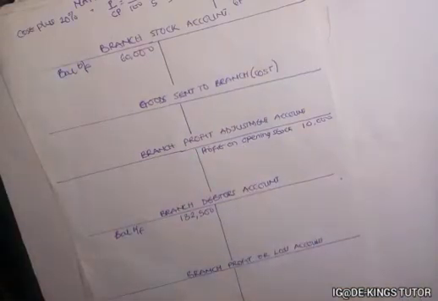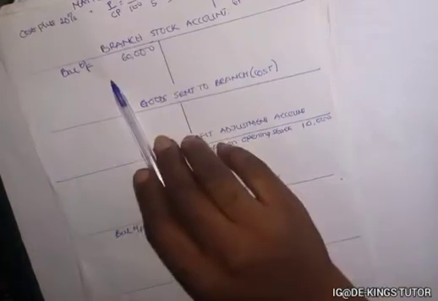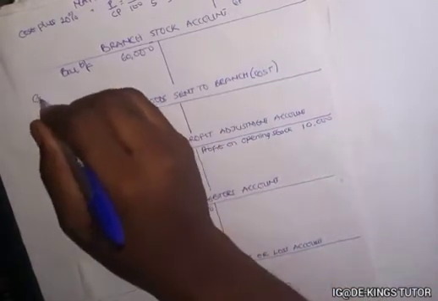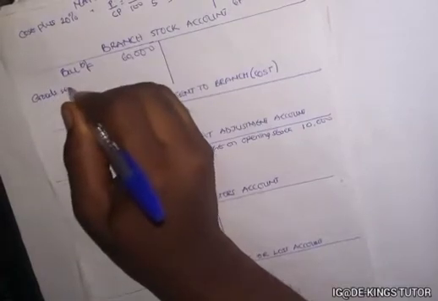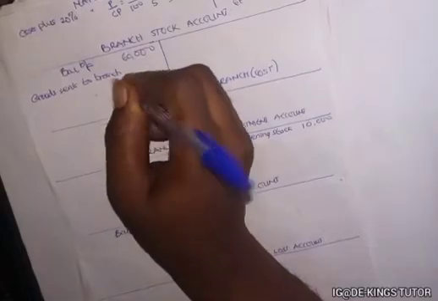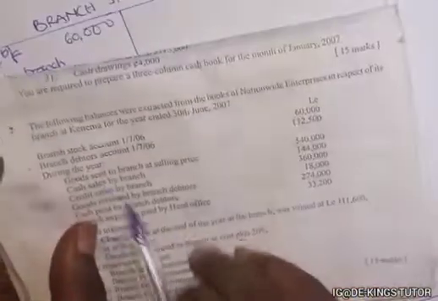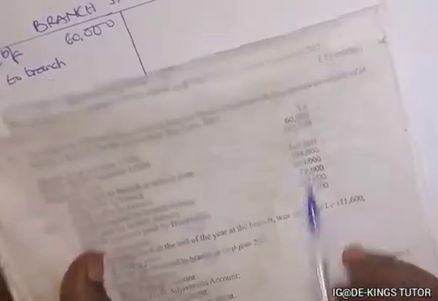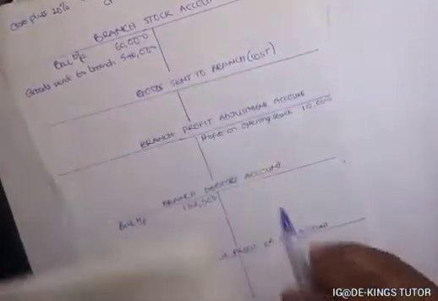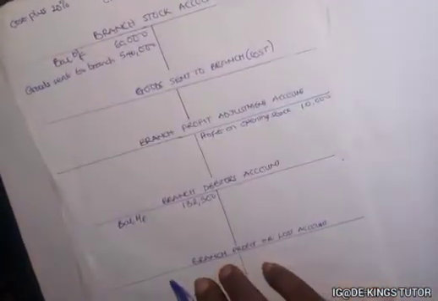Okay, so now goods sent to branch, it means the branch stock account is receiving it, so it will be debited. So we'll have goods sent to branch. Okay, now how much is it? 540,000. So we are going to get the cost of the goods sent to branch. Okay, so how do we do it?